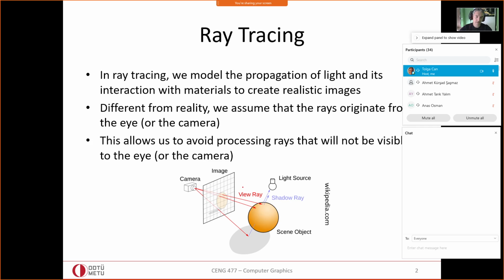So what we are going to have is that instead of collecting light rays coming from the objects on these, we are going to do a backward process. We are going to trace the light that has come into this sensor in a certain direction by tracing the ray backwards. So that's why the algorithm is called ray tracing.